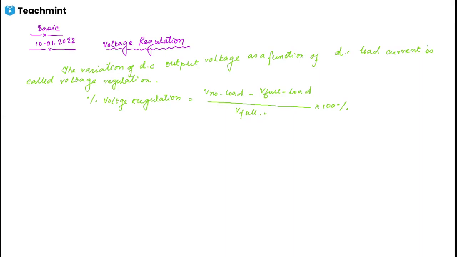It may also be noted that a power supply which has good voltage regulation has a low power regulation, as an ideal power supply has a full load voltage equal to its no load voltage, and hence the percentage regulation will be zero.